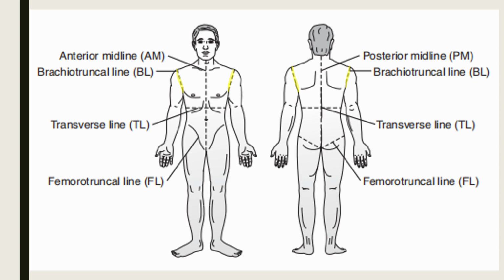Brachiotruncal line. From the upper border of the deltoid muscle to the axillary area. This circular line separates the arms from the body trunk. Femorotruncal line.